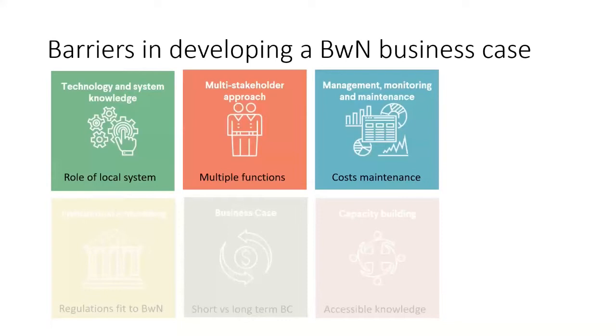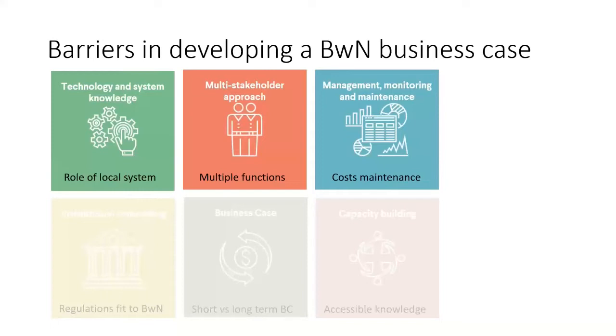Due to time, I will only discuss a few of the barriers linked to the enablers. So I just want to stress that all the different enablers, as presented also in this webinar series, play a role and are intertwined with the business case.